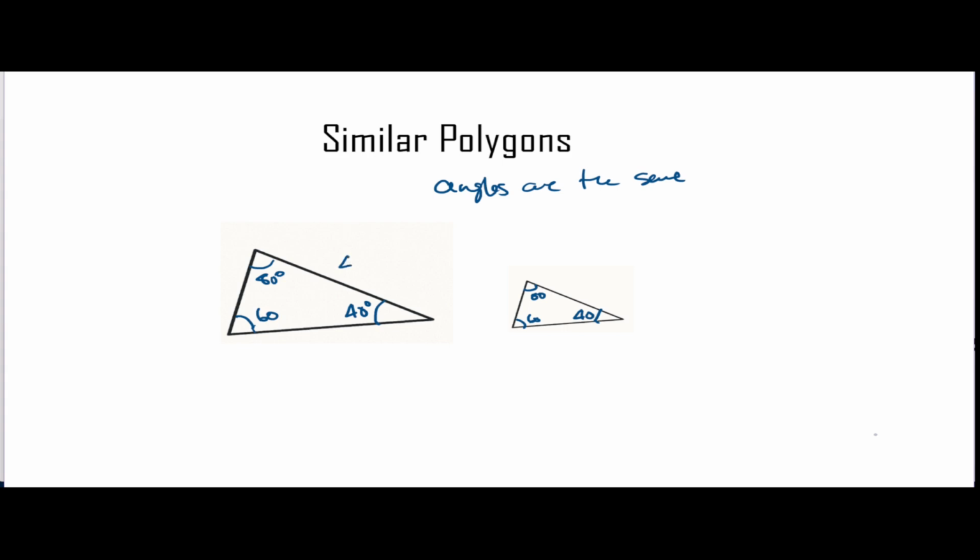So if this is 4 centimeters and this is 2 centimeters, and we're told that this is 5 centimeters, this is going to be half of that, so 2.5, because 4 divided by 2 is 2. So the enlargement factor is 2 in this case.